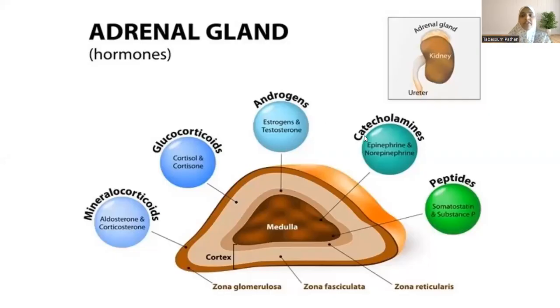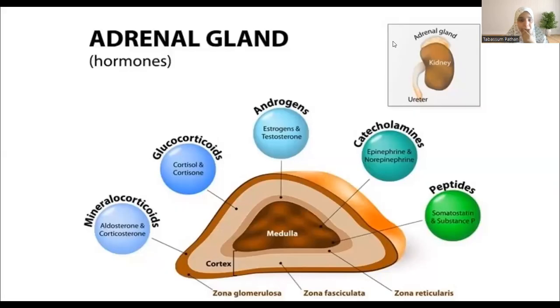Okay, so this is a representation of all the hormones which are secreted by the medulla and the cortical region. So let's discuss the regions of the medulla and the cortex. Now you see the medulla, which we have just seen. The medulla will secrete what? See, these are the medulla hormones, inside part.